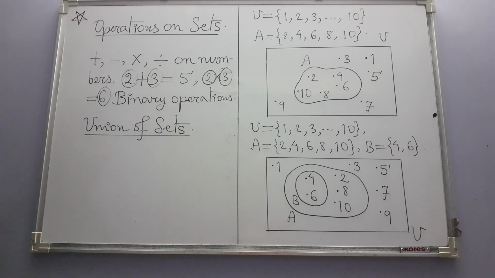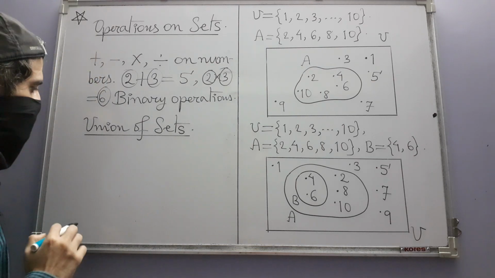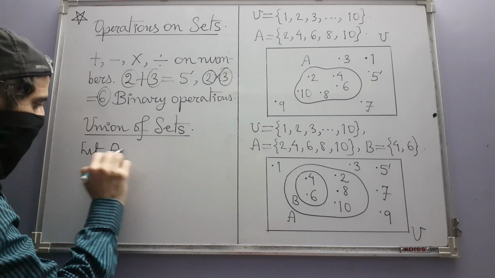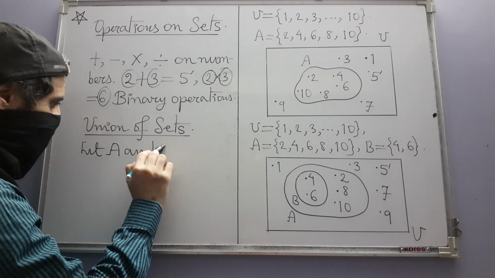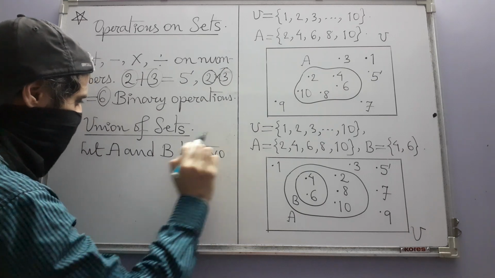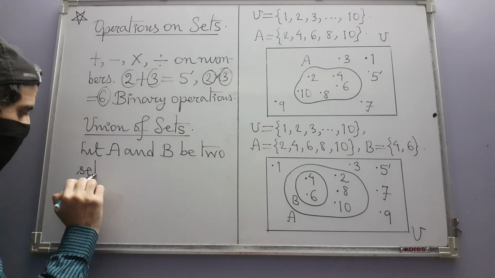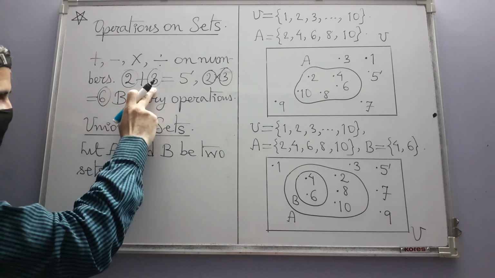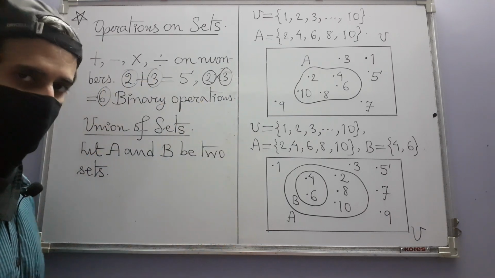And the idea will be motivated like this. Let A and B be 2 sets. Think of the situation here: let 2 and 3 be 2 numbers.